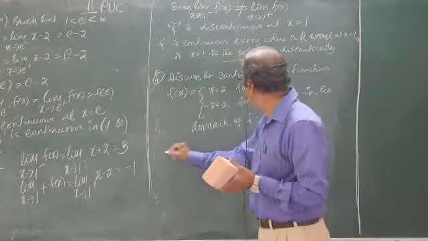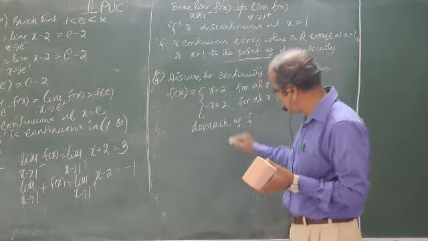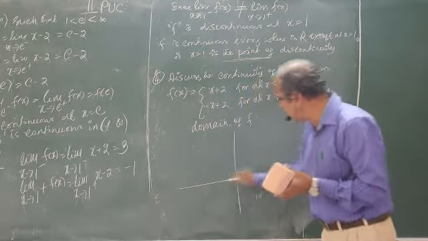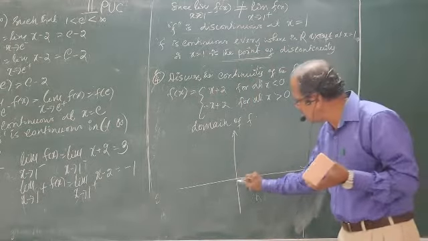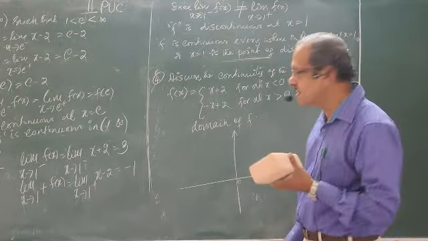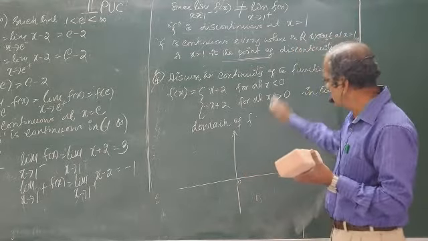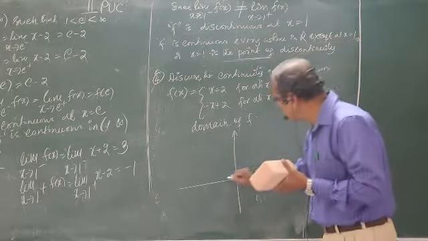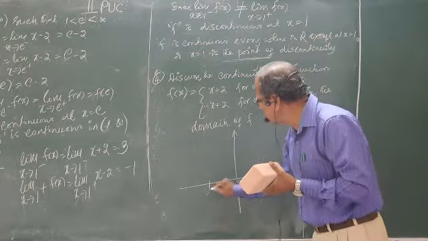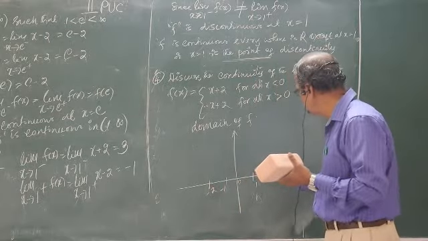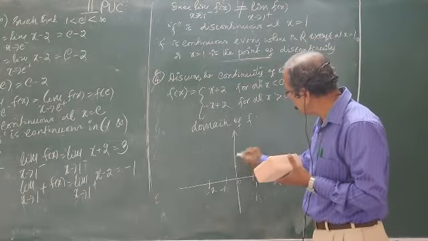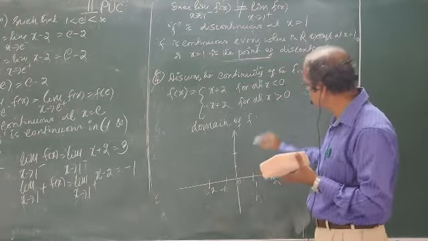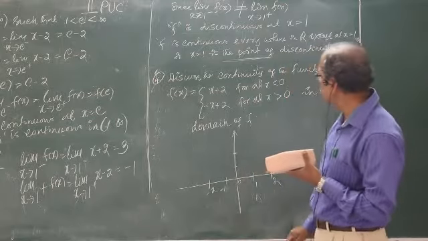Now, let me take 2 more intervals. Before that, better to draw the graph of the function. In order to make the idea clear, let us draw the rough sketch. For x less than 0, at 0 it starts from 2, but it must not be included.